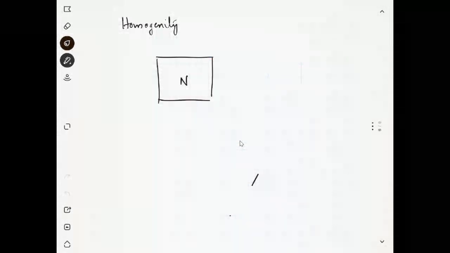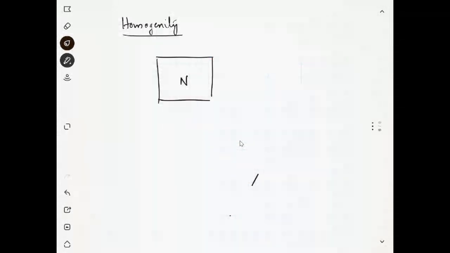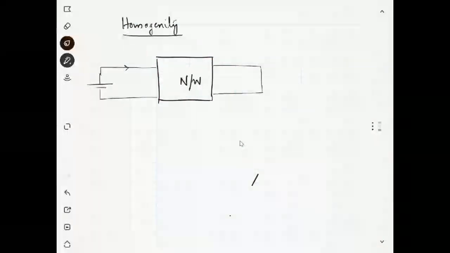You have a network. Network means a network contains a lot of voltage sources, a lot of current sources, many things. Maybe it can be a lot of inductors, capacitors, everything. You take one branch which is coming out of the network, and you have one voltage source. This network contains a lot of resistance, capacitance, inductor, many things maybe.